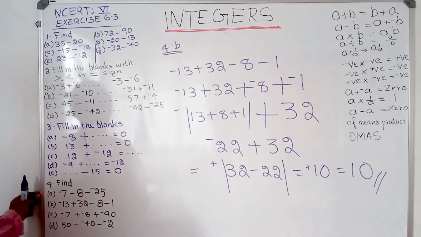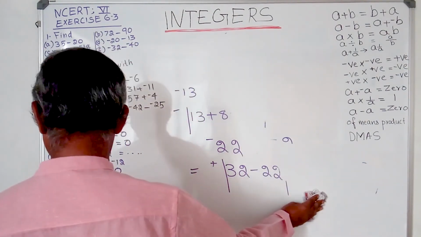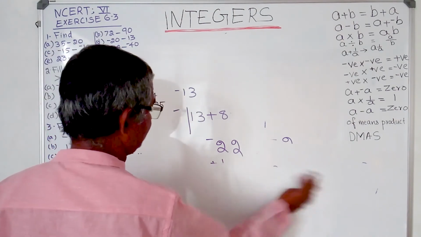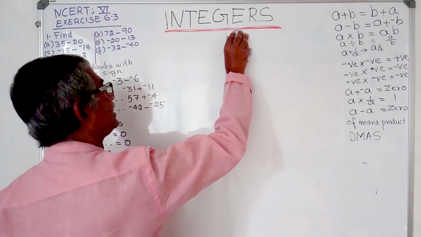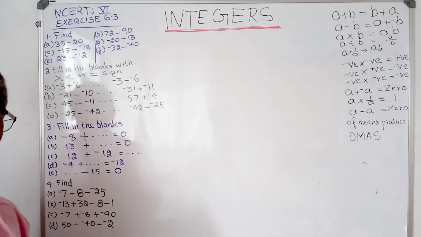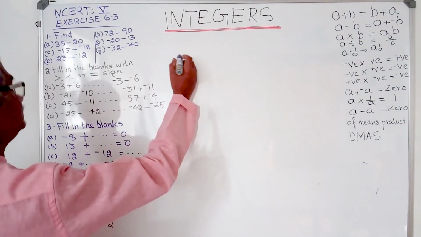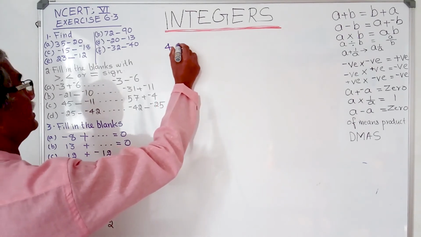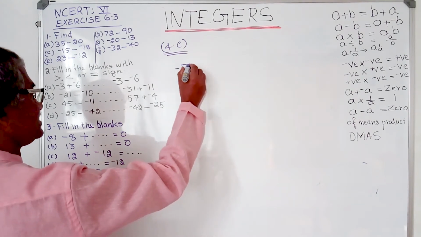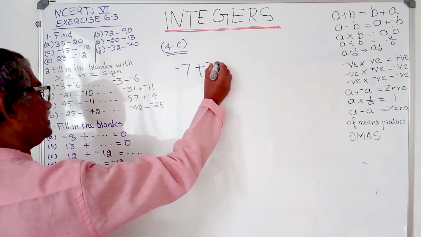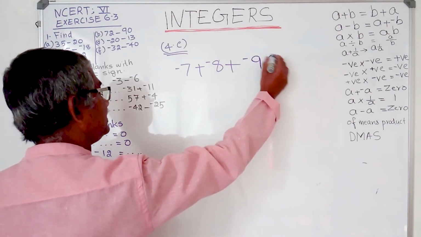Okay. Next one. For C. What is it? Negative, negative, negative. Sum of three negative numbers. Same sign, all are negative, so it is easy to sum now. For C, negative 7 plus negative 8 plus negative 90.